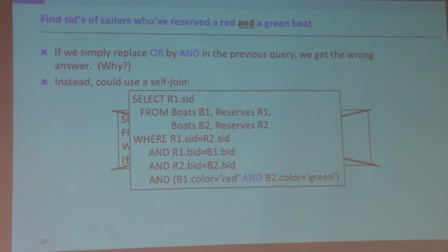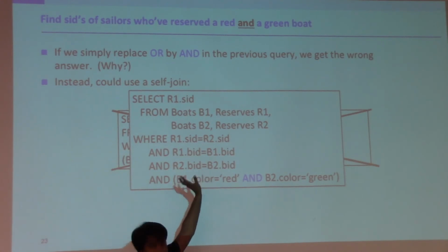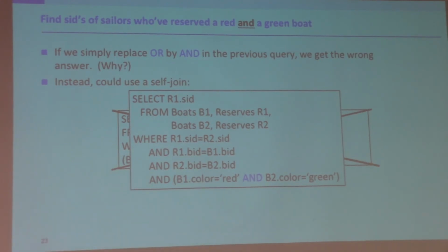We join both of them to make a bigger table, and then from one copy we select the green ones, from the other we select the red ones, then we match the SIDs. In that way, at last we can just project one of the SIDs, because R1.SID is equal to R2.SID. So I just projected one of them.